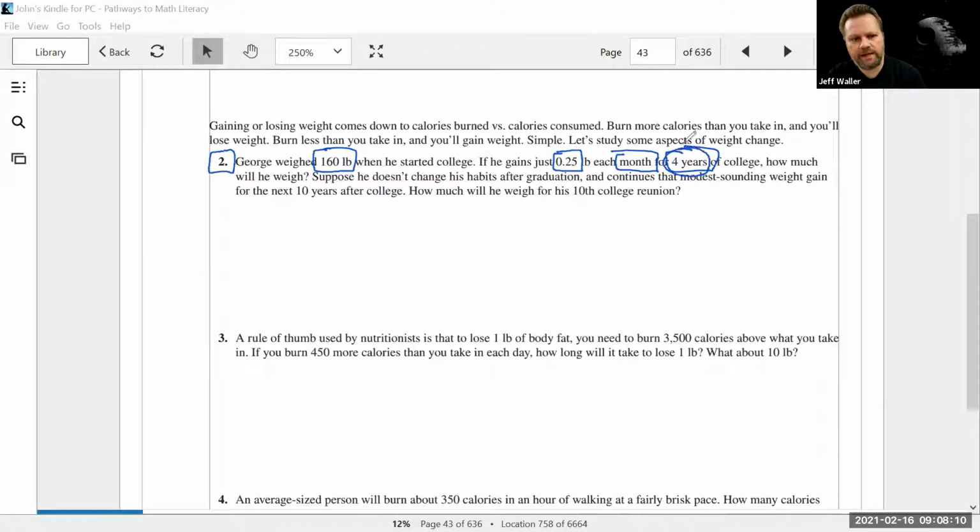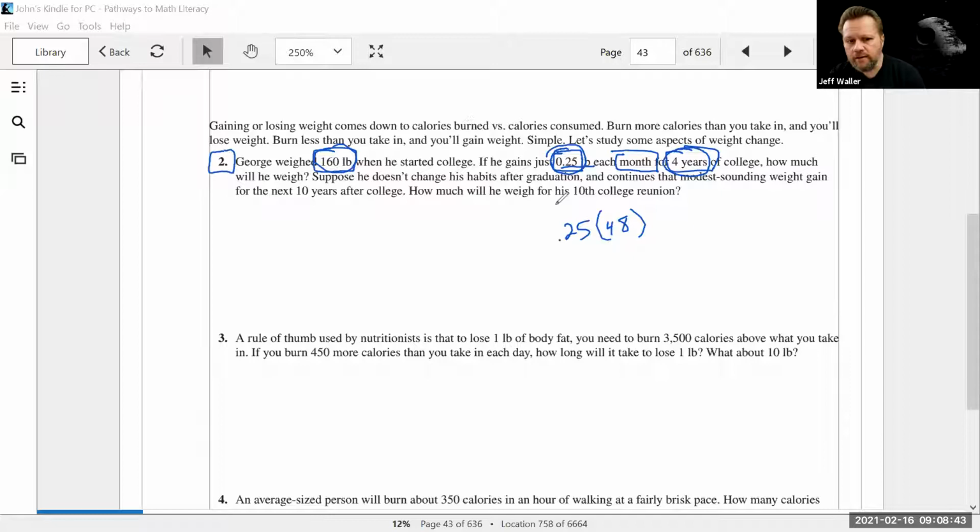How many months is that? 48, because every year has 12 months in it. So now for 48 months, how much total weight will he gain then? 0.25 times 48, which is 12 pounds. So then you can tell me how much he weighs at the end of that.